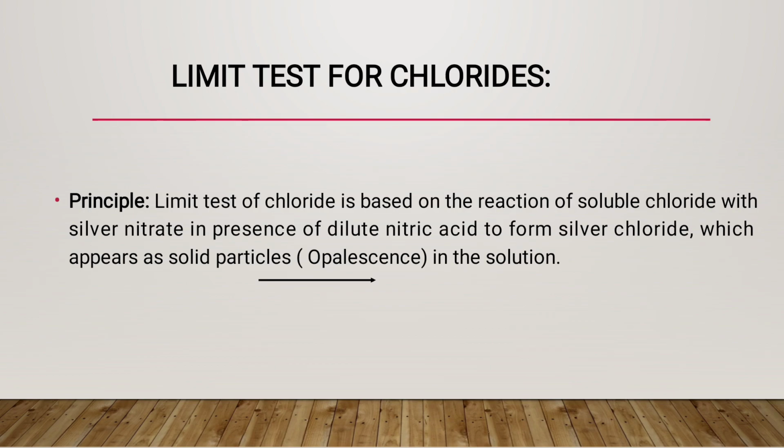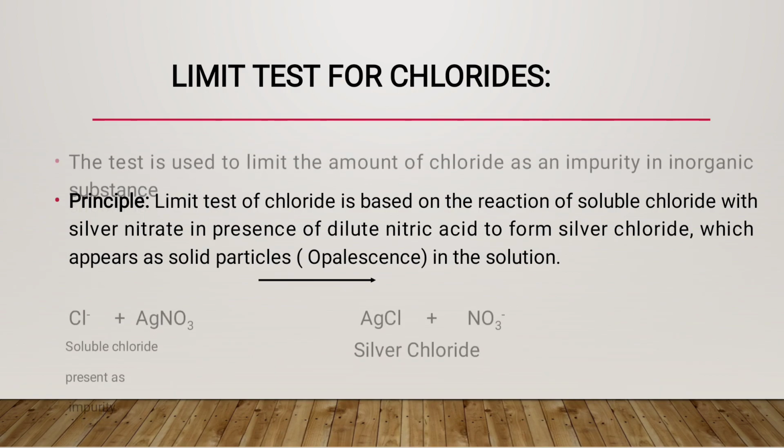If your sample contains chloride, it reacts with silver nitrate in the presence of dilute nitric acid, forming silver chloride precipitate in a very small amount, which is called opalescence. Opalescence, solid particles or turbidity are the same terms, observed in the solution.